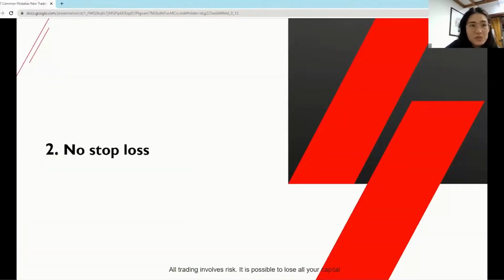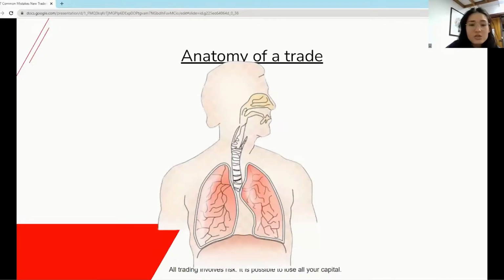No stop loss. Okay, so let's get right into it. So the next few slides are going to be pretty in-depth into how exactly you can manage your trade.